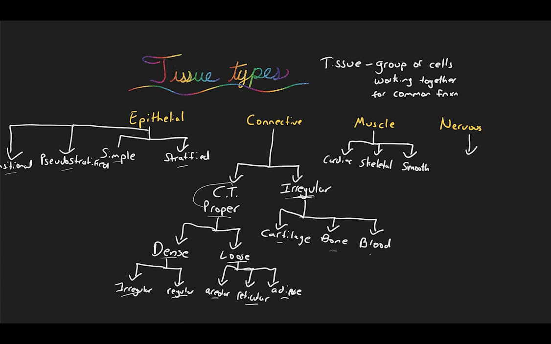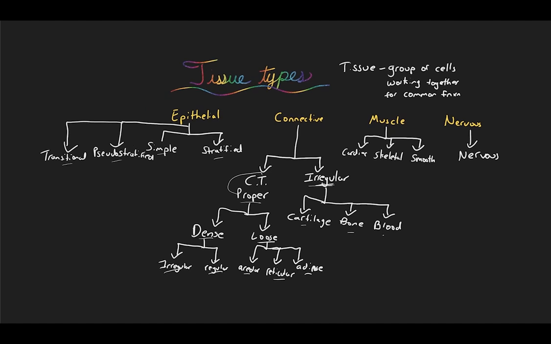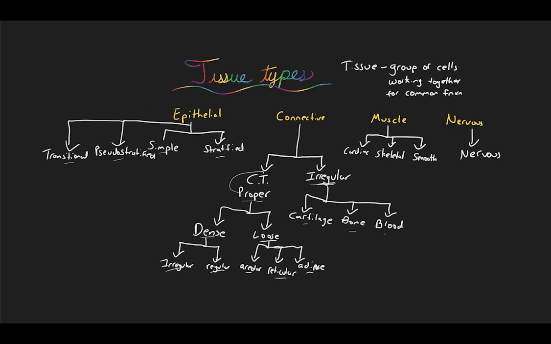And then nervous tissue is the easy one because there's only one type of nervous tissue. There are a lot of different cell types, but only one type of nervous tissue. I know we haven't talked about all of these, and some of these words might seem new, but we're going to talk about them each individually in different videos, so we'll go into more detail later on.